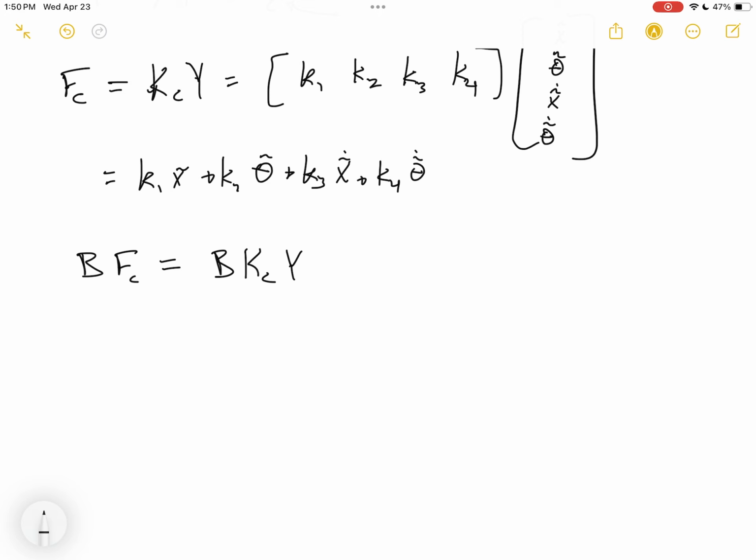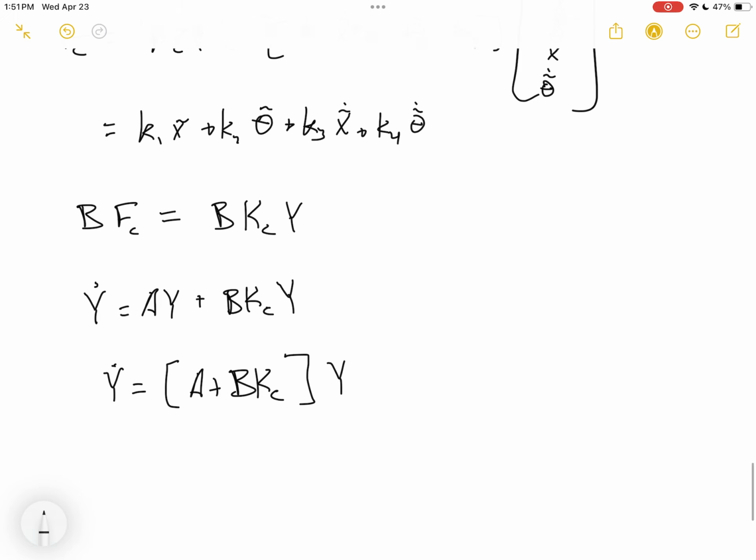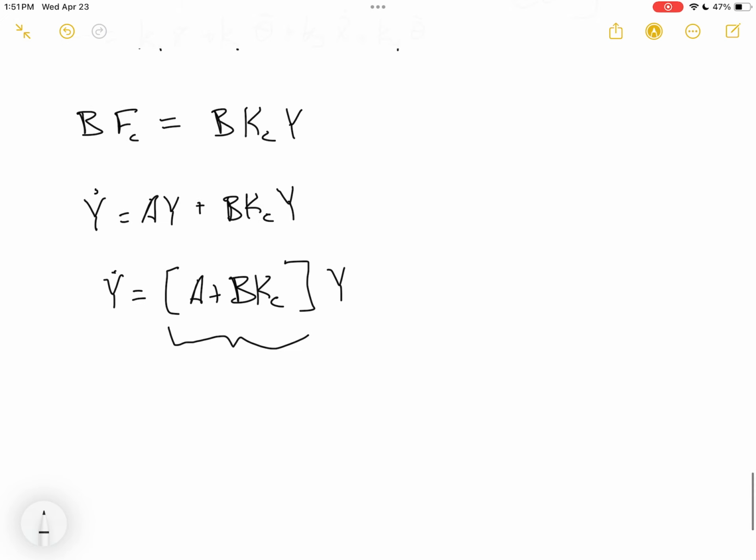If we plug that back into y dot is equal to Ay plus B Fc, so B Kc y, then this is no longer an inhomogeneous differential equation. It's a homogeneous one. We can rewrite this as y dot is equal to (A plus B Kc) times y. And we can call this matrix A bar, and A bar is going to be what's called the controlled state matrix, or state matrix of the system.